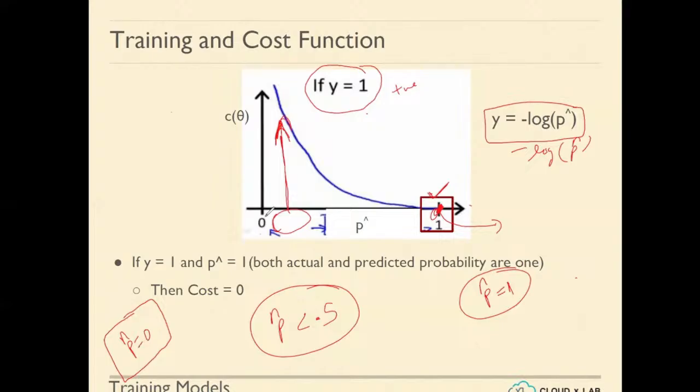but actually the class is positive, right? So if p hat is 0, in that case we will have an infinite loss, because if you extend this curve, this function, we will have an infinite value, right? So the loss will be infinite if the model is saying with 100% confidence that this sample belongs to the negative class, but actually the sample belongs to the positive class.